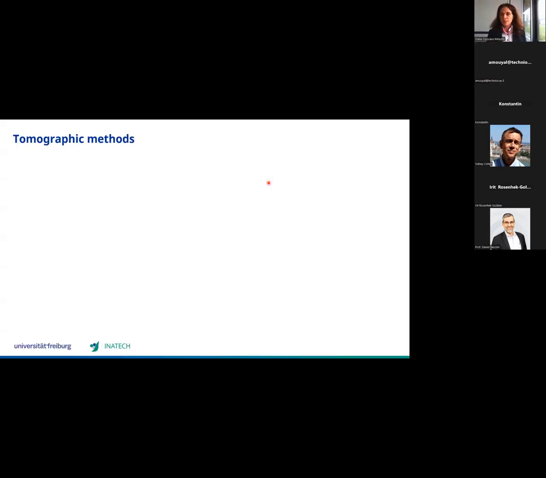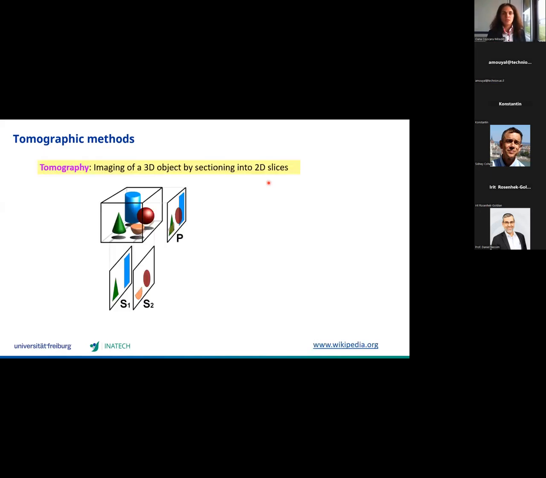As the name says, atom probe tomography is a tomographic method. So it means that we can image a 3D object by sectioning it into 2D slices. You'll see later that in atom probe tomography, we have atoms which arrive on a detector, which is a two-dimensional object.